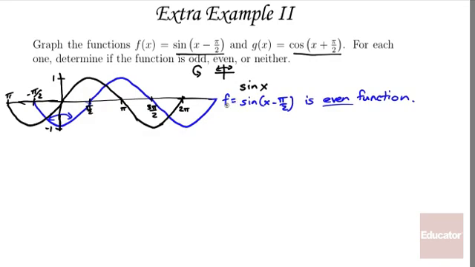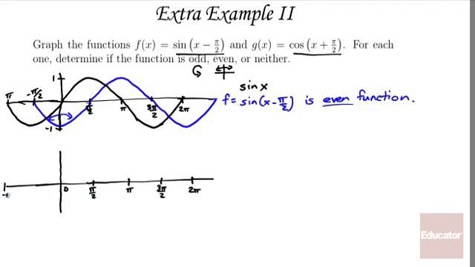So let's move on to g of x, that's cosine. Again, I'll start with the cosine graph that I've memorized, and hopefully you have too. There's pi, 2 pi, 3 pi over 2, pi over 2, 0, negative pi over 2, 1, and negative 1.